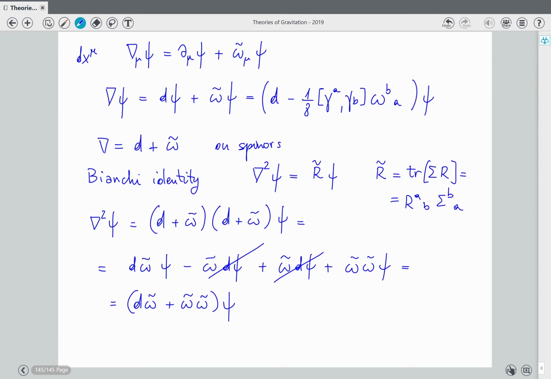And we just need to show that R tilde is this thing, and maybe find under which assumptions it is, possibly no assumption.